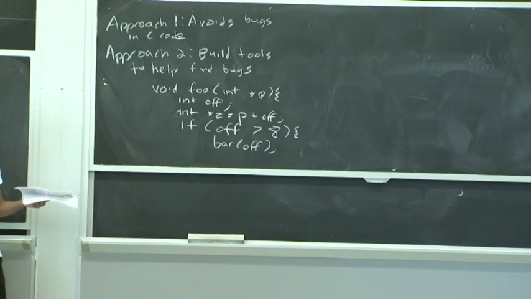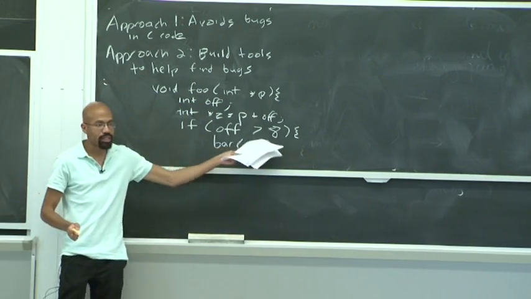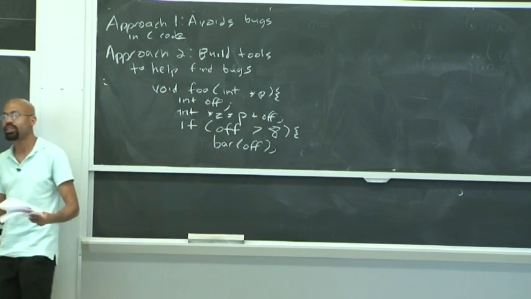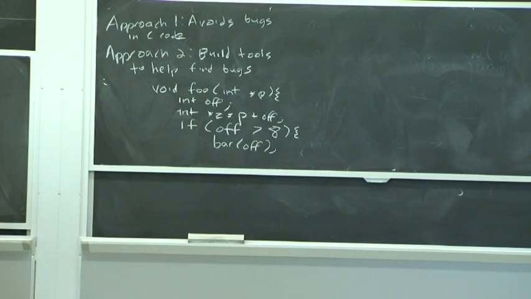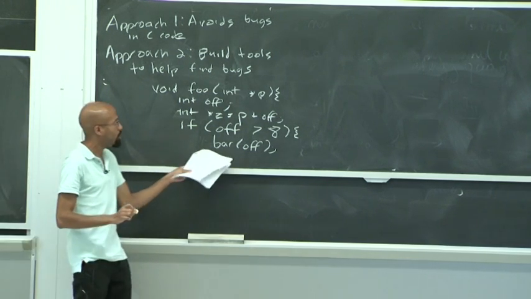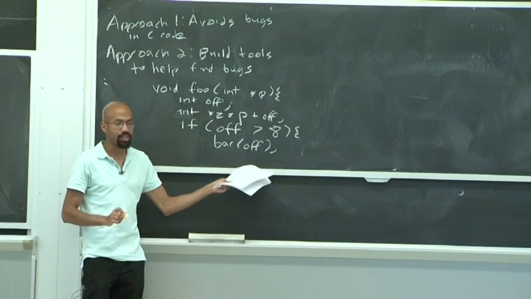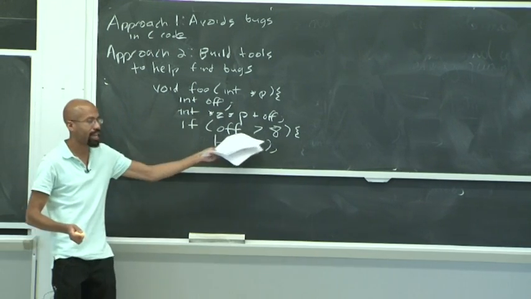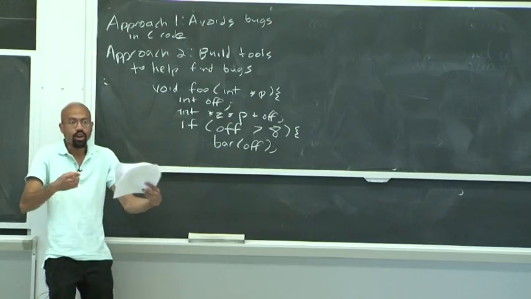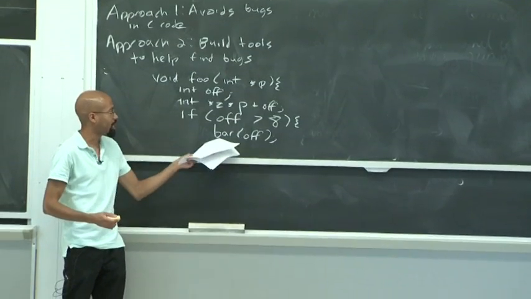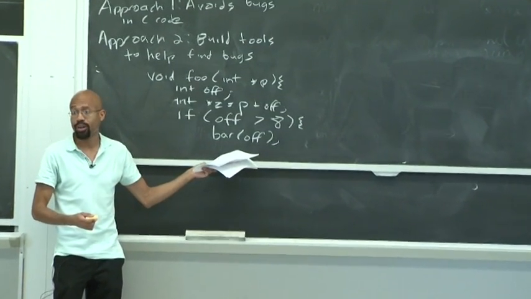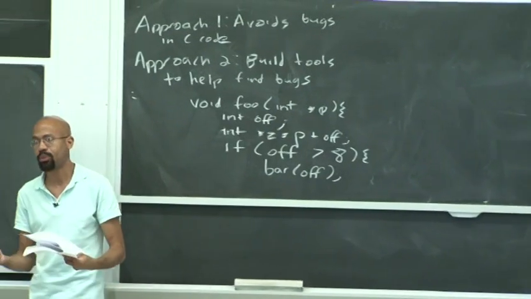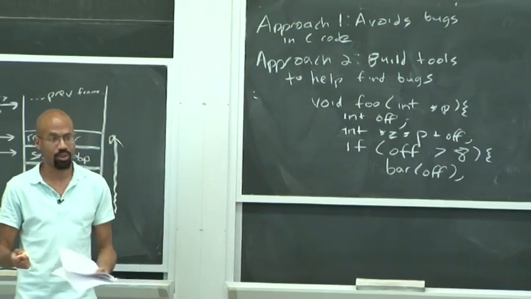Now, this branch condition actually tells us something about what the value of offset is, right? Ignoring the fact that it wasn't initialized, we do know that once we get here, the offset has to be greater than 8. So in some cases, we can propagate that constraint, that notion that offset must be greater than 8, into our analysis of bar. So when we start statically analyzing bar, we know that offset can only take certain values.